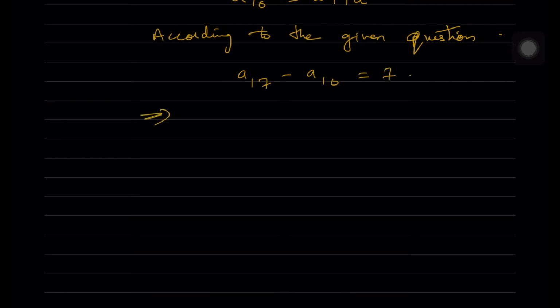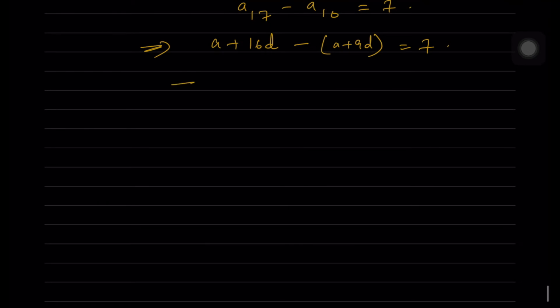So which implies that A plus 16D minus (A plus 9D) is equal to 7, which implies you're going to get A plus 16D minus A minus 9D, which is equal to 7. A will get cancelled and 16 minus 9 is nothing but 7. 7D is equal to 7.